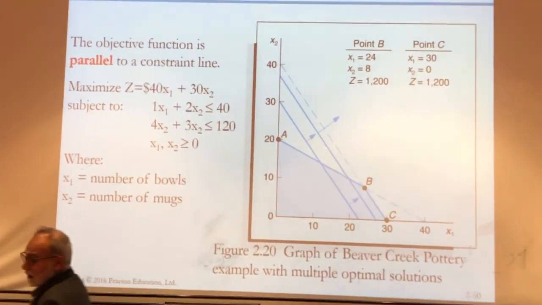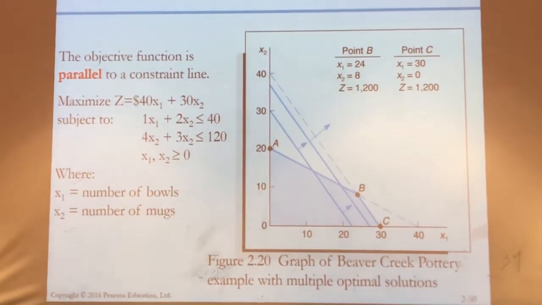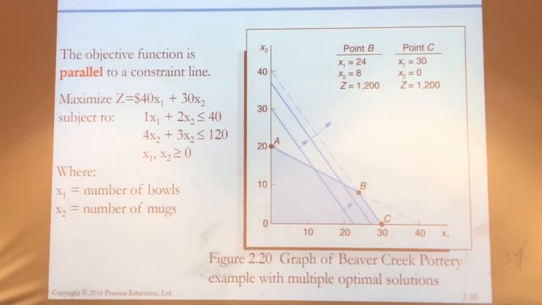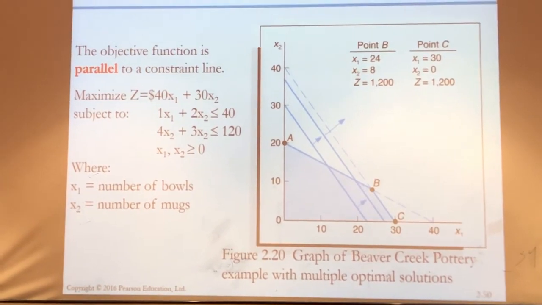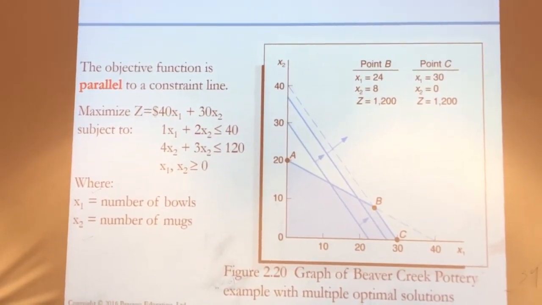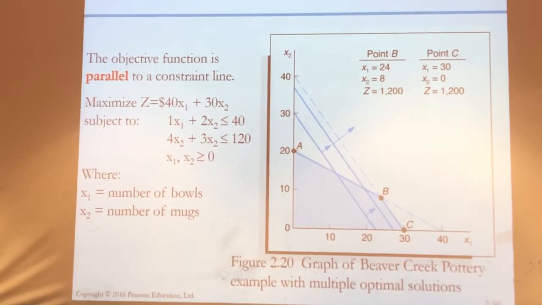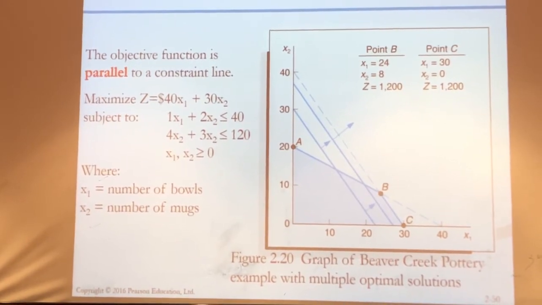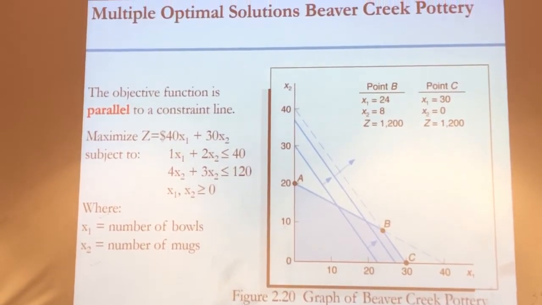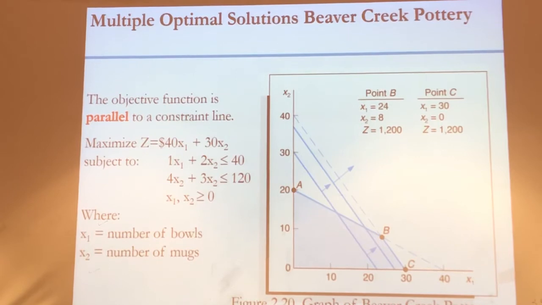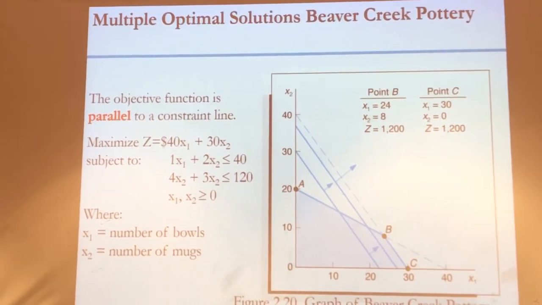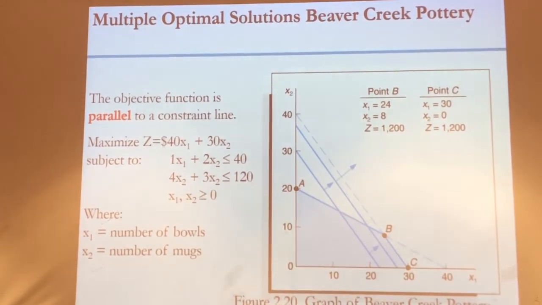So in a nutshell, what we can say is this: if the objective function slope and one of the active constraints, not a redundant constraint, an active constraint, has the same slope as the objective function slope, then we will have multiple optimal solutions.